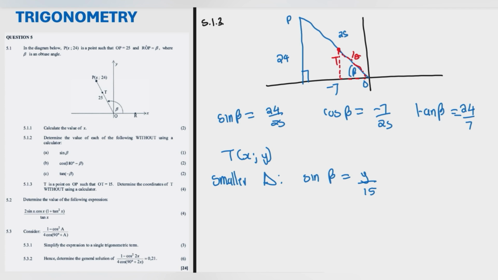But remember, the bigger triangle and the smaller triangle share an angle beta, meaning that they have a common angle, which is beta. So for the smaller triangle, we can replace sine beta with what it was on the bigger triangle, which means we're going to have 24 over 25, which is equal to y over 15.